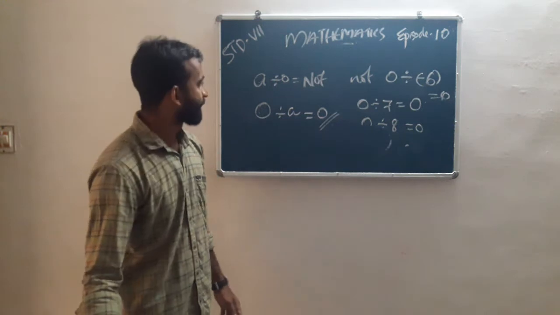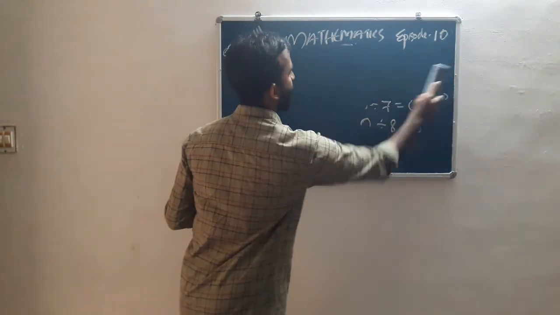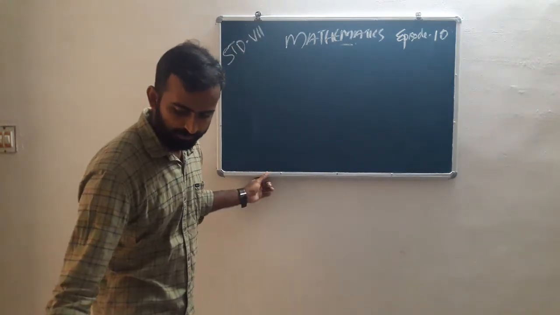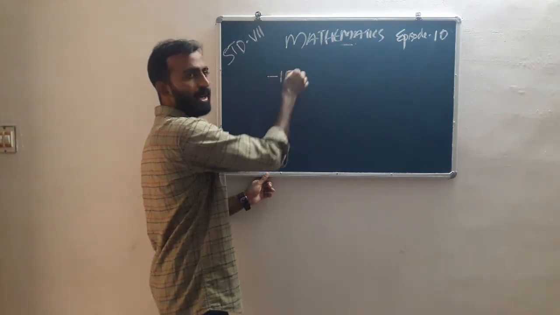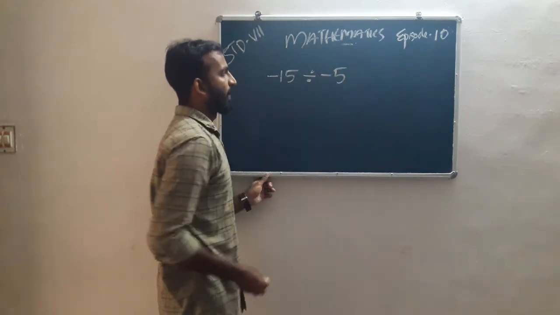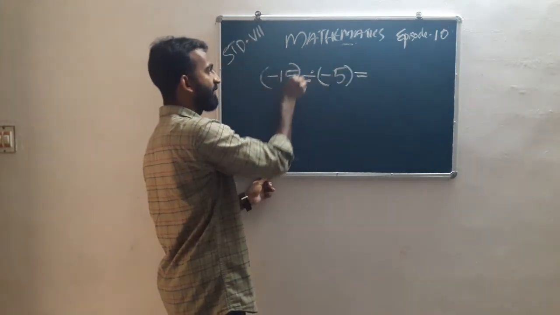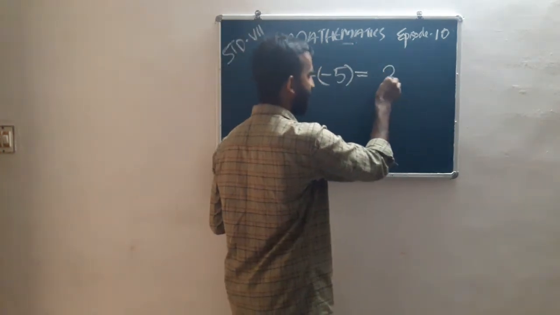The next property is negative 15 divided by negative 5. What do we get? We get the answer 3.